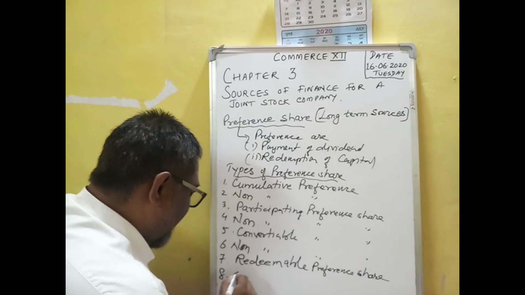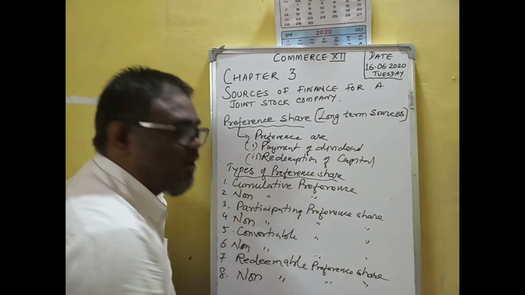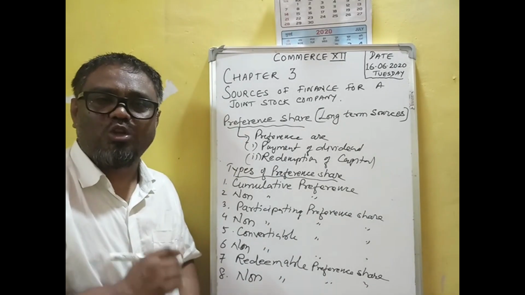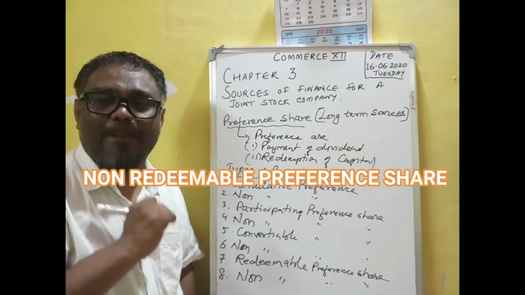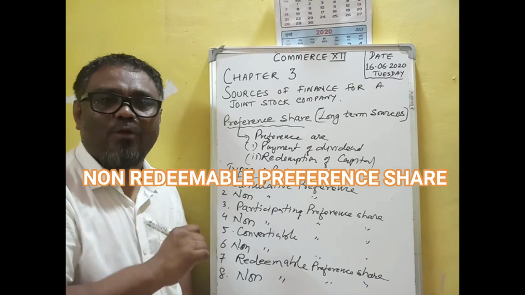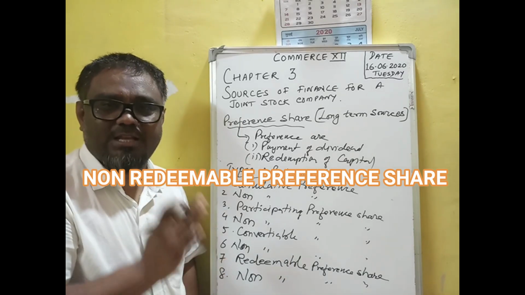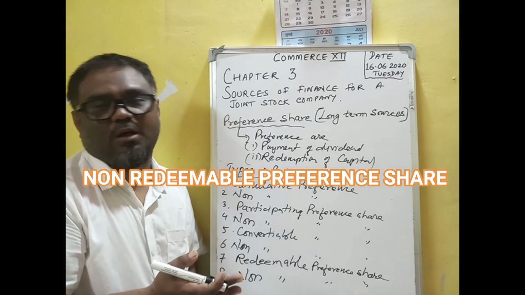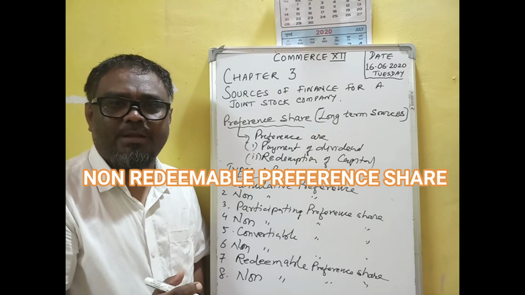Another, we have a non-redeemable preference share. Non-redeemable preference shares are those preference shares whose capital is not returned back within the lifetime of the company. As long as the company is surviving, this capital is not returned back to the preference shareholders. So it is a permanent capital of the company.